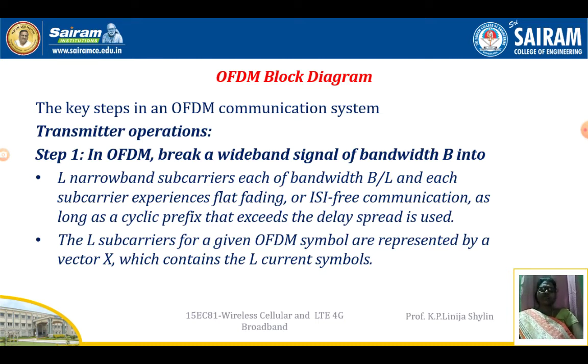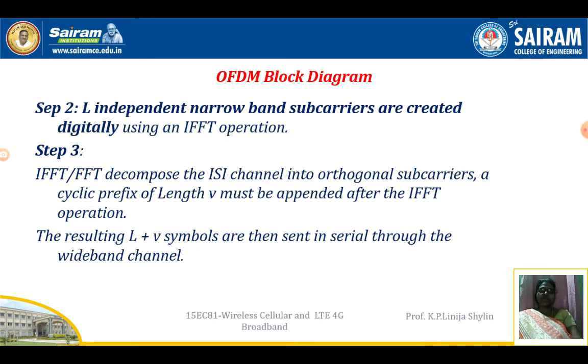Now we can give some representation. The L subcarriers for a given OFDM symbol are represented by vector X, which contains capital L current symbols. So that is dividing a narrow band into L. Now we have obtained L independent narrow band subcarriers, created using an IFFT operation. That is step 2.